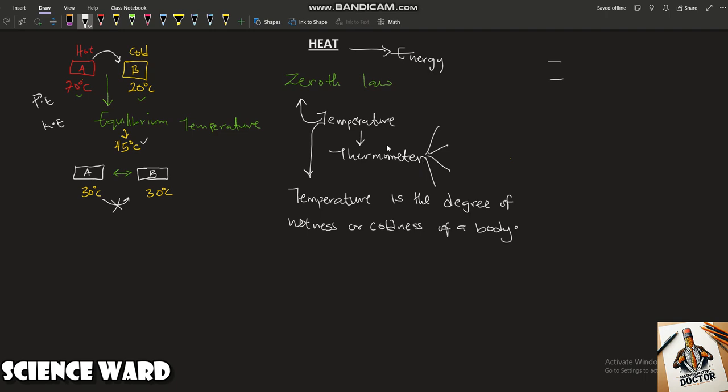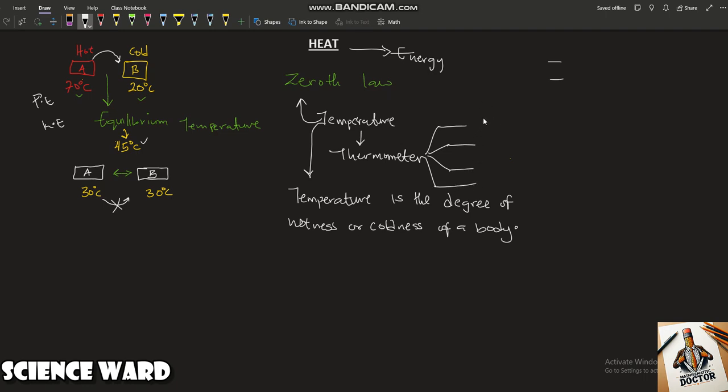Now, of course, I have the thermometer. And the thermometer is the instrument which we use to obtain the temperature of an object. And there are different thermometric scales, temperature scales.